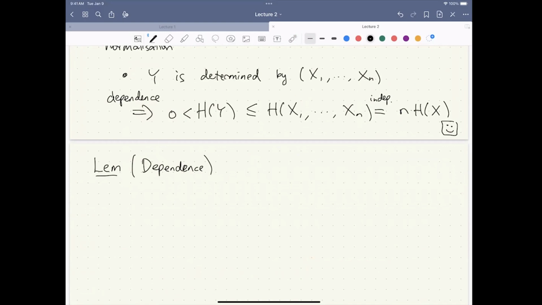Okay. Dependence says we have random variables, x and y, as I wrote down above. Think of x as this guy.